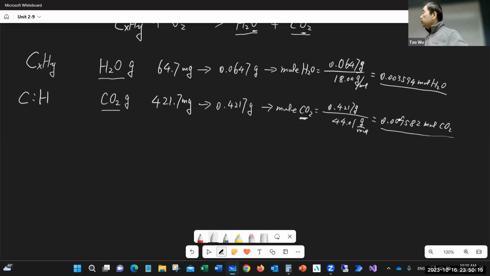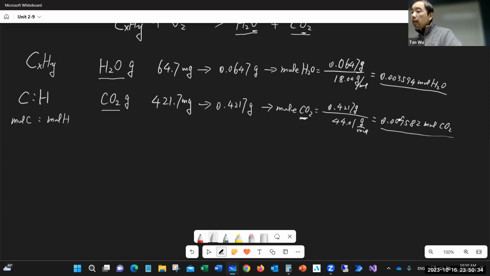Remember, what is the purpose for this case? The purpose, again, we try to find the moles of carbon versus mole of the hydrogen. That is the key, okay? But what we have are moles of water and moles of CO2.